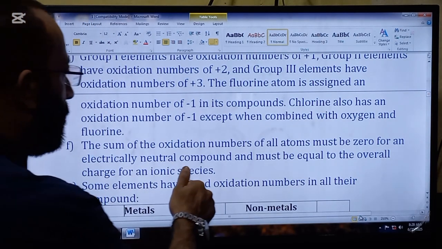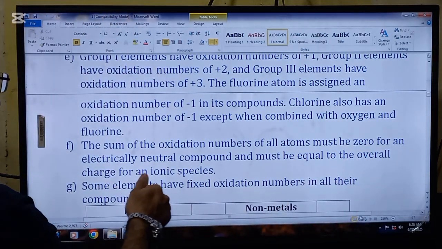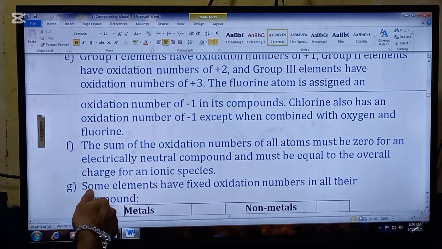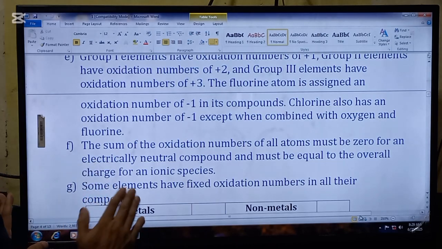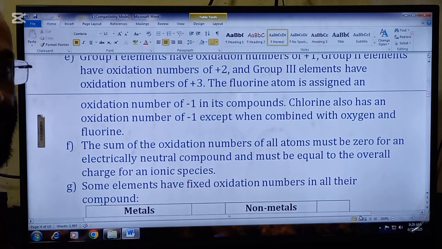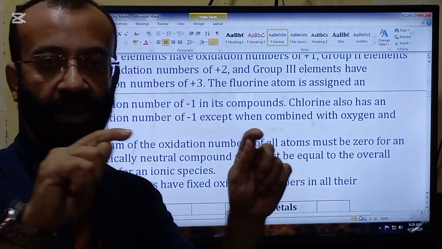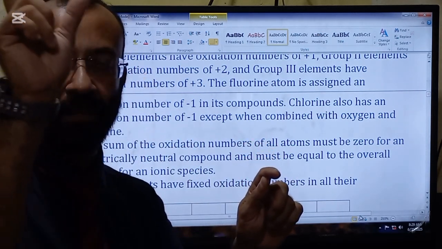The sum of the oxidation numbers of all the atoms must be 0 for an electrically neutral compound, and must be equal to the overall charge for an ionic species. So if the compound is charged, the sum of the oxidation numbers will be equal to the charge that the compound will have.